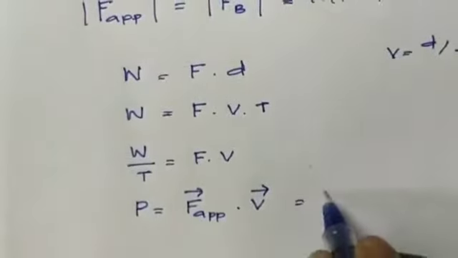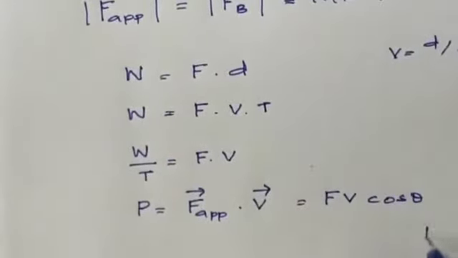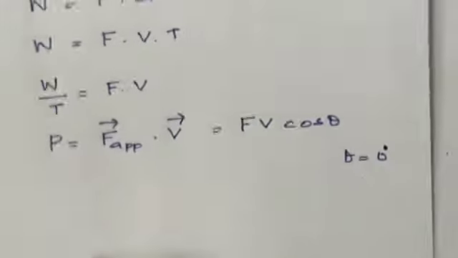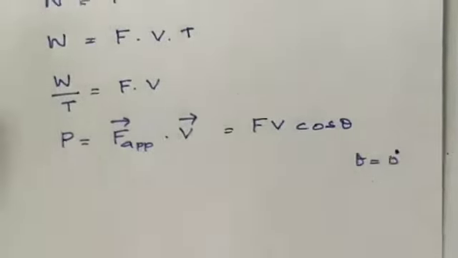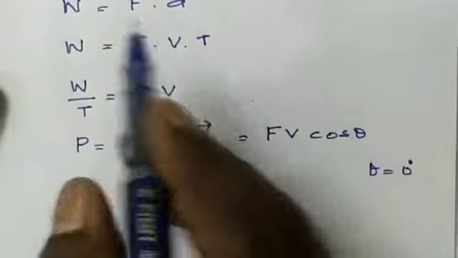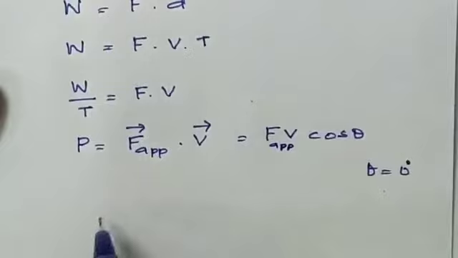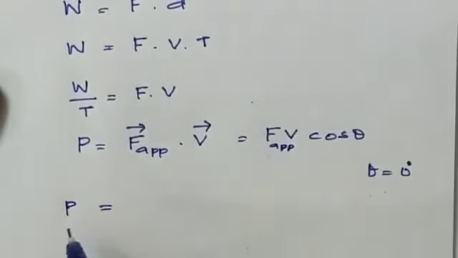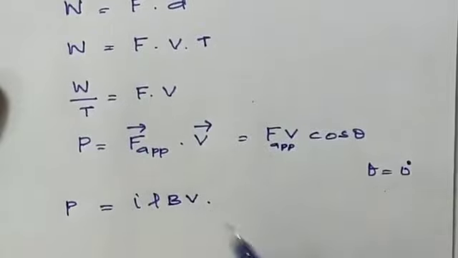So now write down that equation: force into velocity into cos theta. Theta equals 0, so cos 0 is 1. Now we can apply the force. Already we know I L B, so substituting that value, power is equal to I L B V.